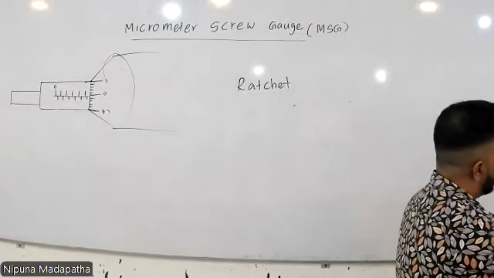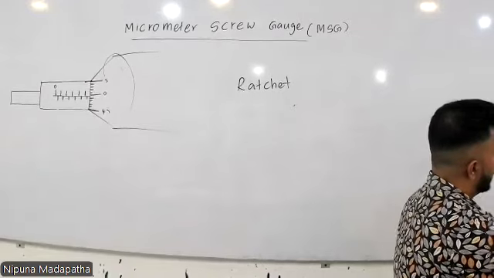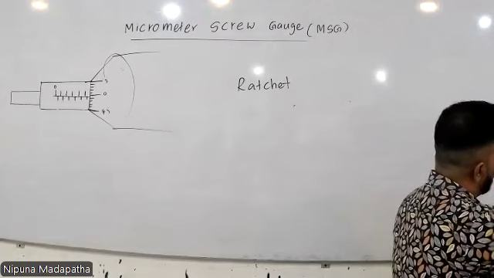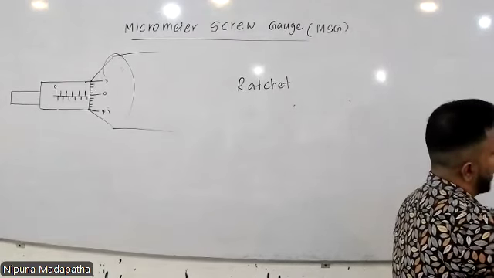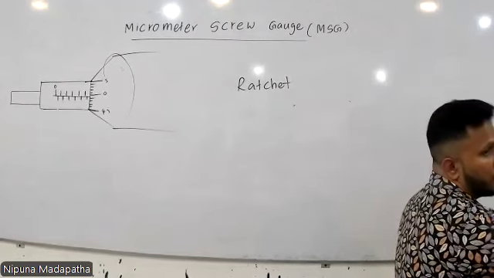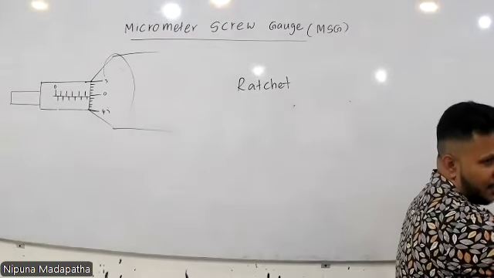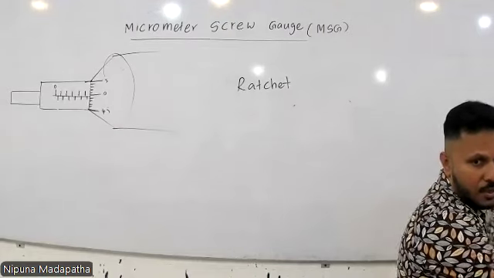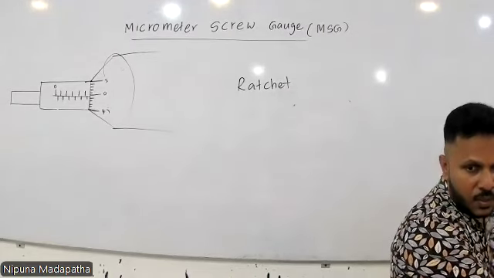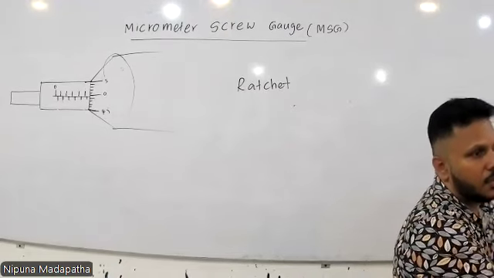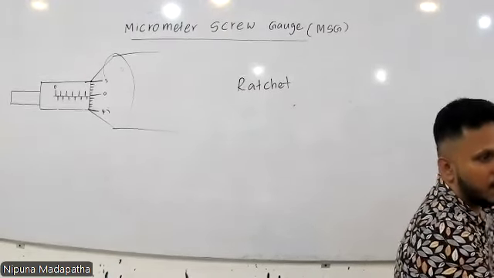When the object you measure is properly trapped between the anvil and the spindle, what will happen? This head will move with a sounding tick. Now it is freely moving. That means this object has properly trapped between the anvil and the spindle.